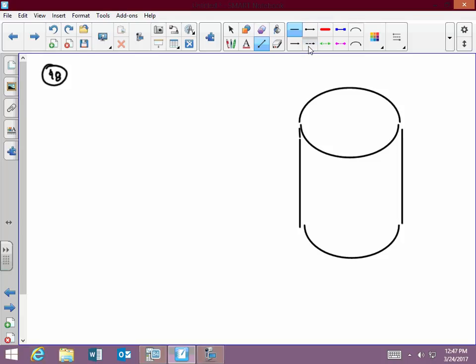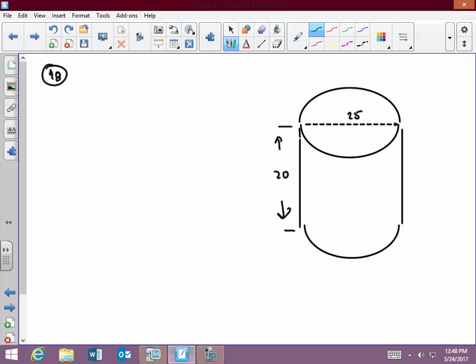Okay, the thing that's important is the diameter is 25 foot, right? Technically, this distance here is your height, it's not gonna be so important to the problem.